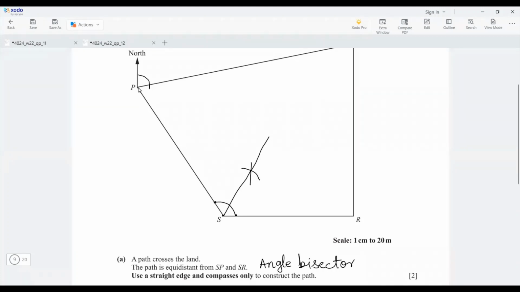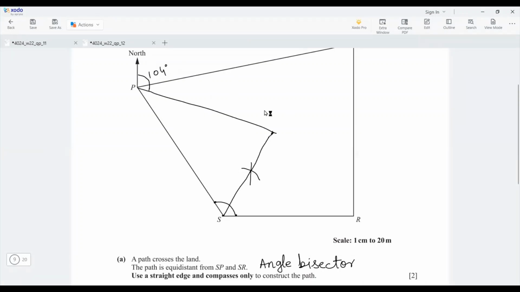You need to stop and draw a line from P, a straight line, and it must intersect that path. I hope you understand this is a bearing of 104 degrees.